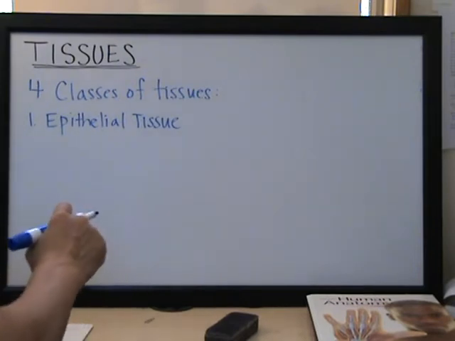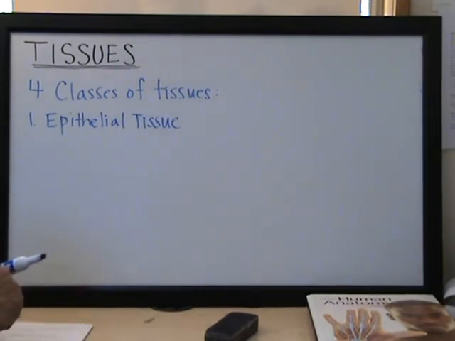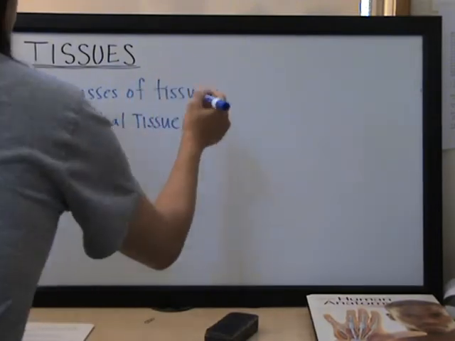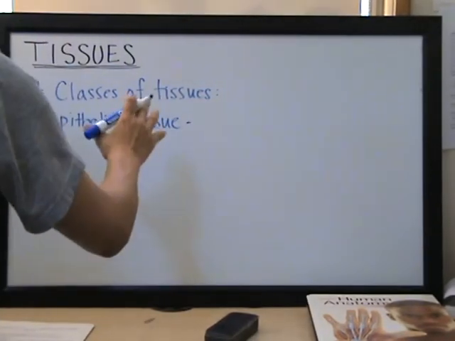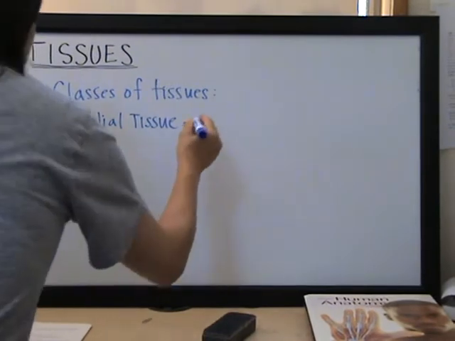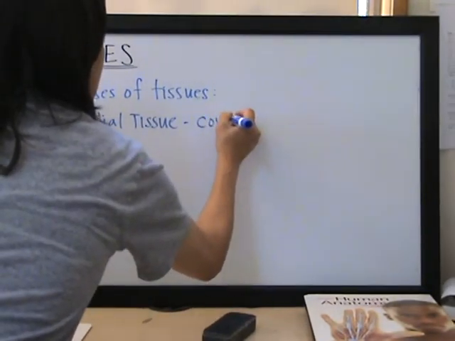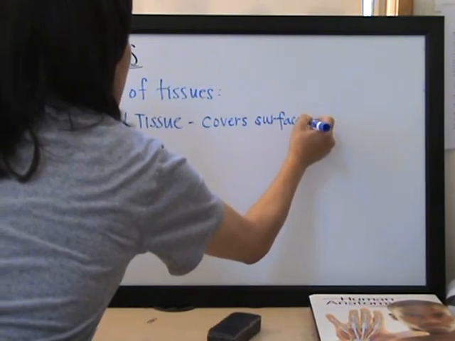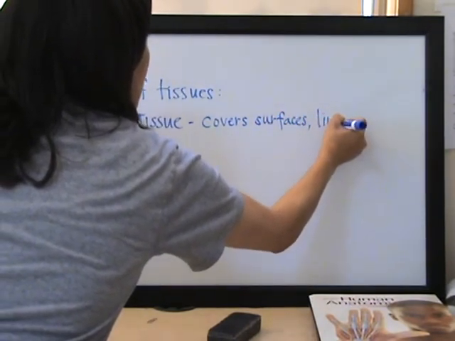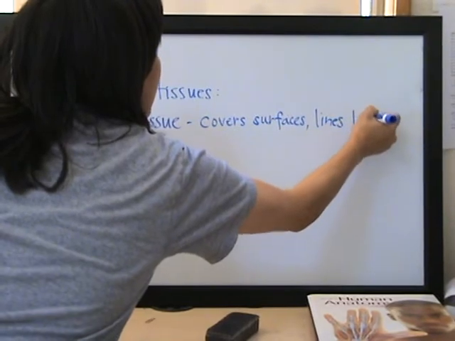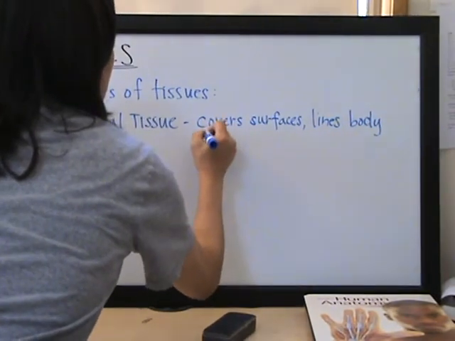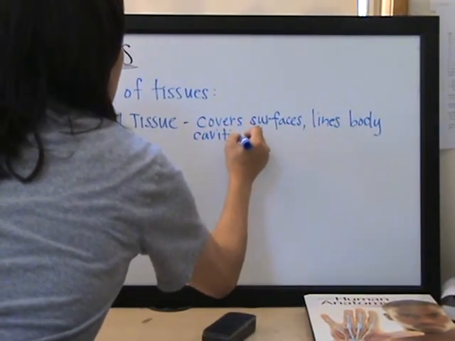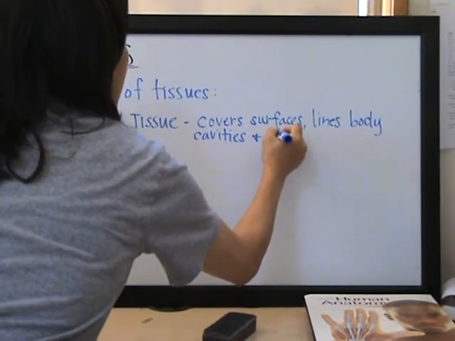Later on we'll talk about the different types of epithelial tissue and how to classify them, but right now we'll just talk about generalities. So it covers surfaces, lines body cavities, and organs.